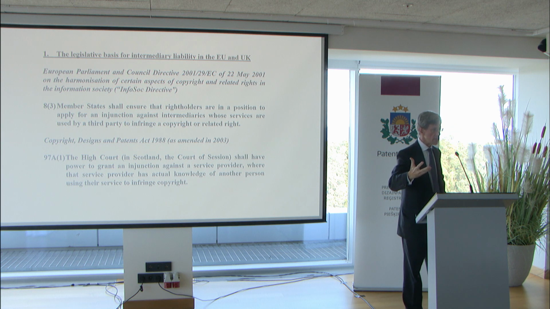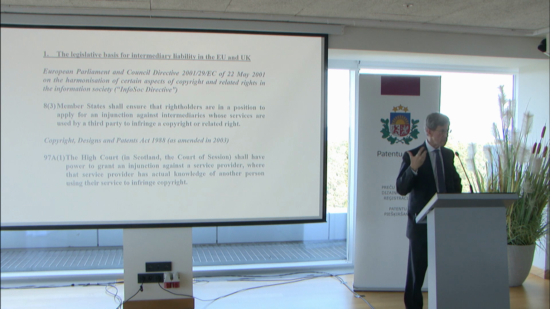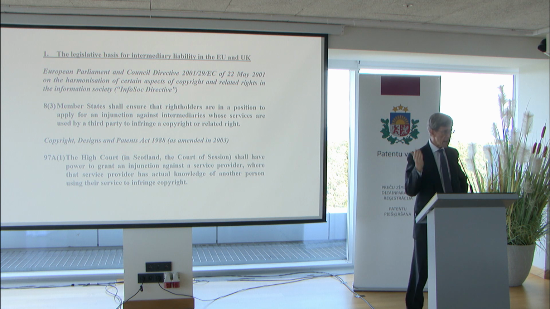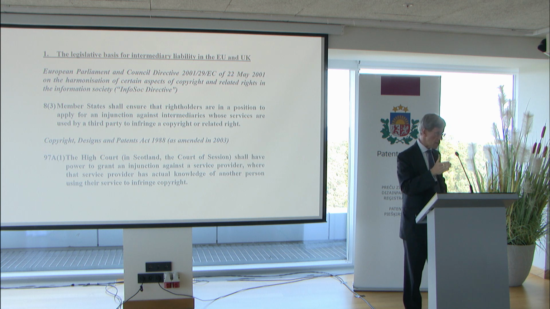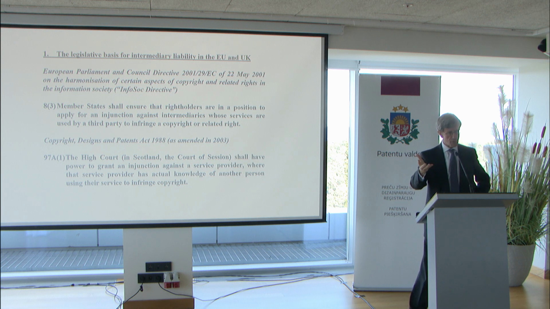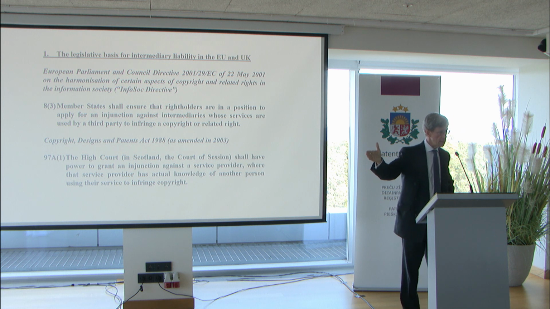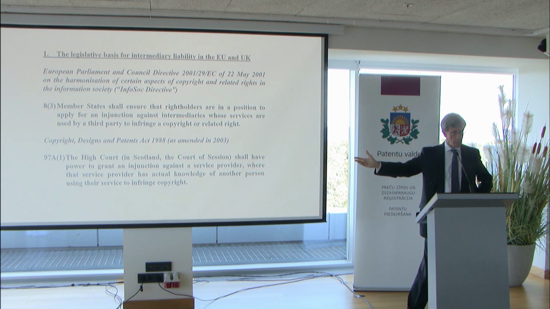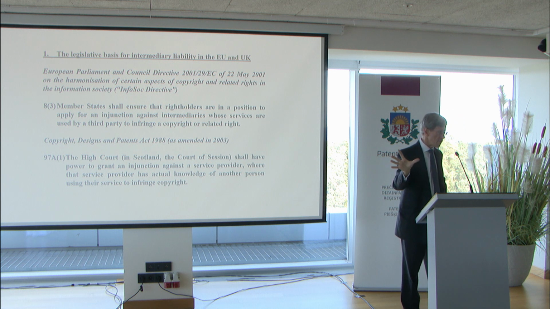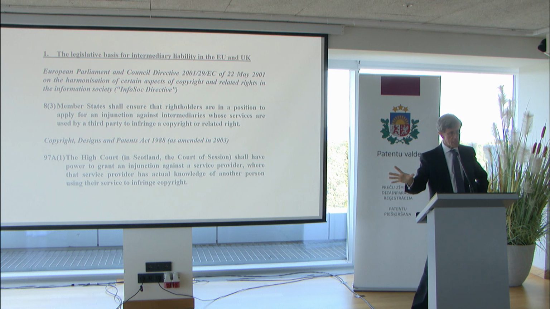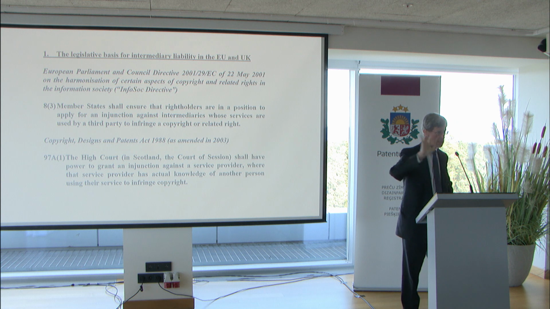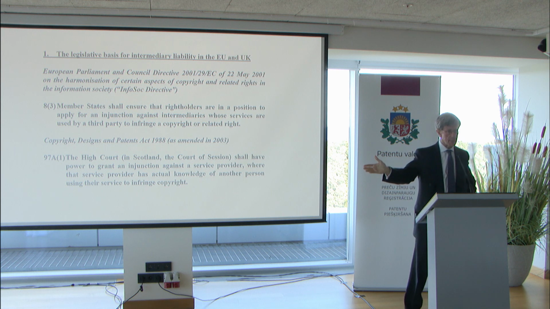If there is someone who is liable either for primary infringement or liable as an accessory, they are liable to a financial remedy for the past, so damages or an account of profits, and they're liable to an injunction to restrain infringement in the future. So the liability for both on the primary and accessory side is both for the past and for the future. It's backwards looking and forwards looking.